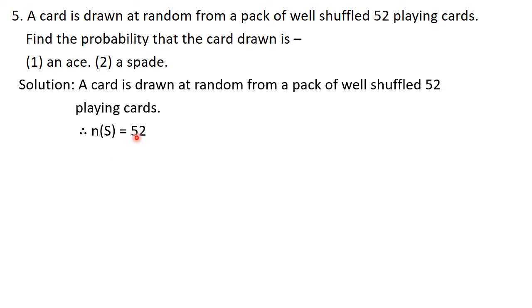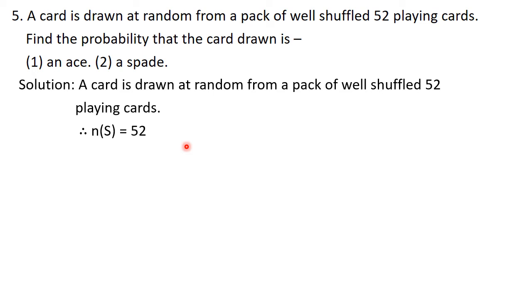I told you that in the case of playing cards you need not write the sample space. It is too big, and you know that while writing a set repetition is not allowed, and since they have given that 52 playing cards are there, there is no need to write the sample space. Directly you can write that the number of sample points n of S here is 52.